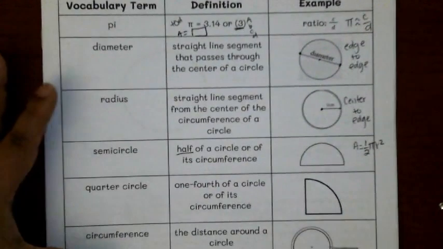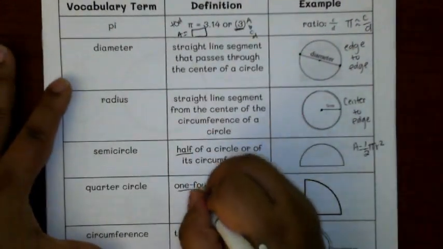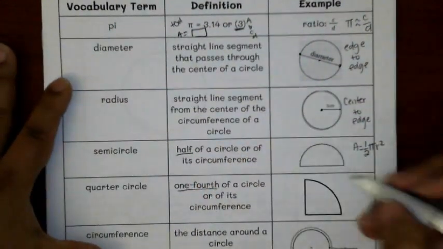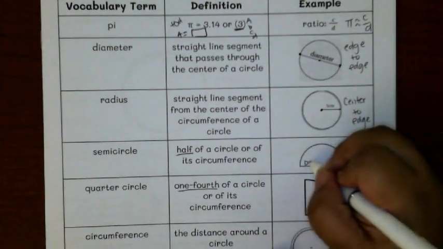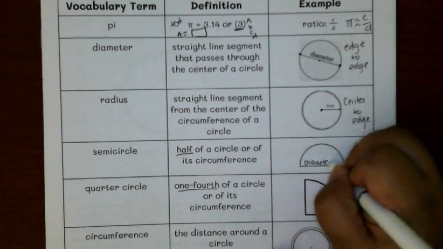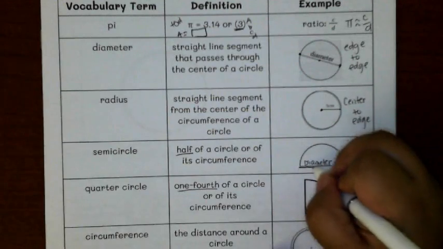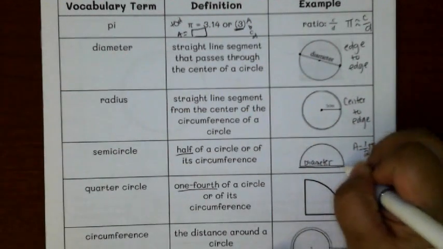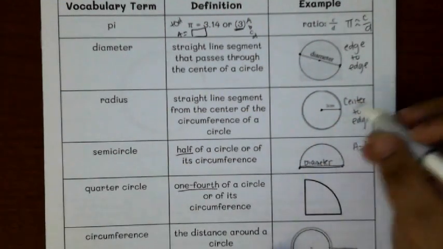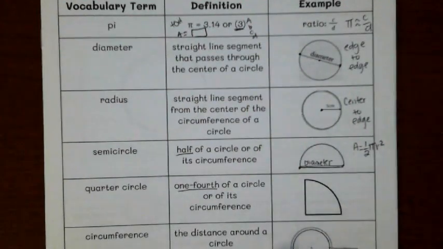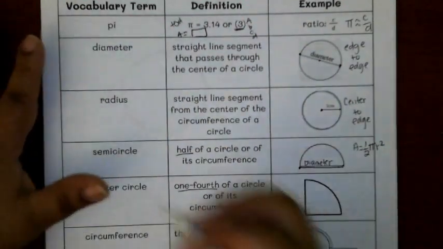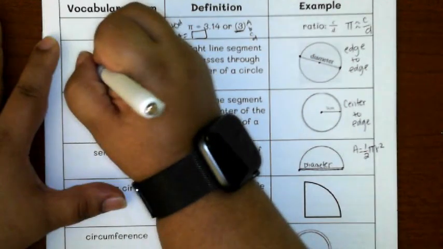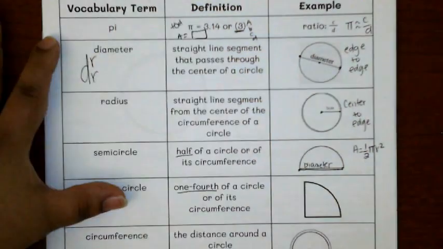Okay, now let's talk about quarter circle. This is 1/4 of a circle. By the way, this is the diameter here. And you need the radius for area, so you would have to take your diameter and divide it by 2. That's something else that I wanted to mention. Remember, this is diameter, radius is half of diameter.